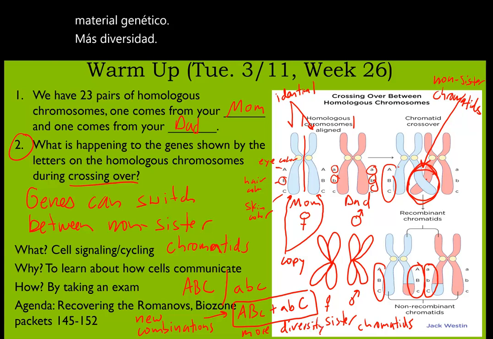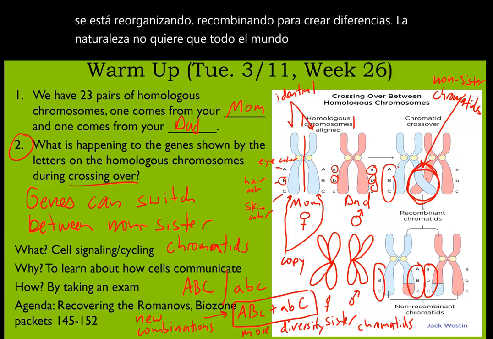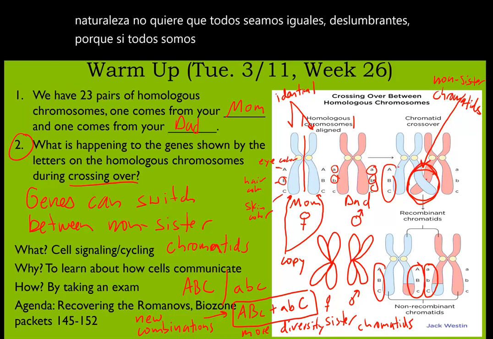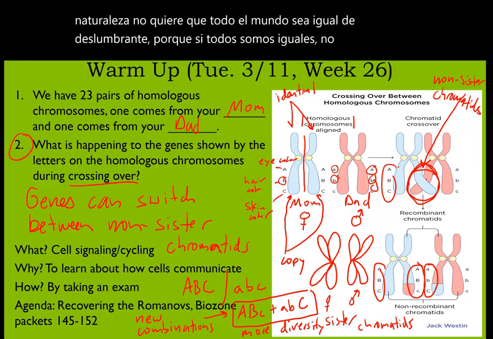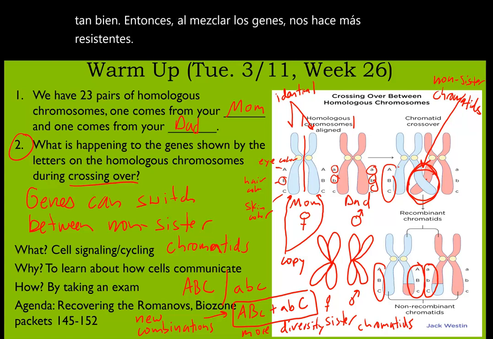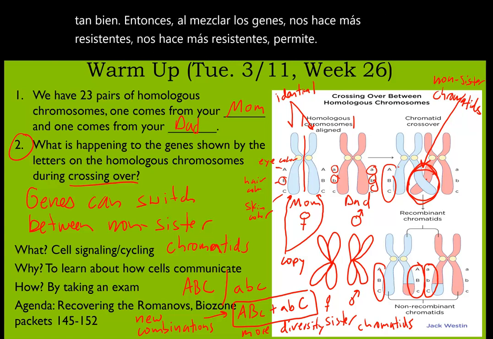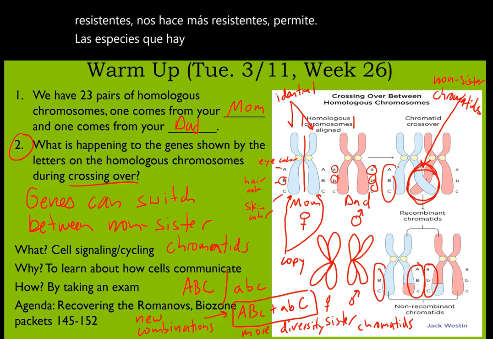So nature is always mixing things up. It's always reshuffling, recombining to create differences. Nature doesn't want everybody to be the same, Jasmine, because if we're all the same, we don't survive as well. So by shuffling the genes, it makes us more resistant, it makes us more hardy, allows the species to keep going in the face of change in the environment.